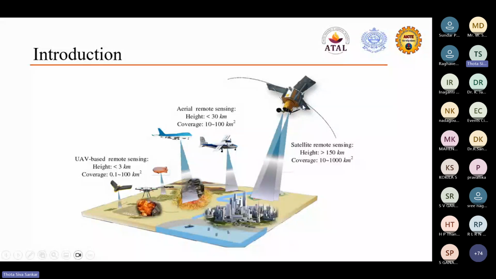Whereas if you consider aerial photographies, where images are captured through aeroplanes or flights, these altitudes are a little closer to the Earth's surface, because of which it usually gets a high resolution data set in comparison with the satellite imageries.